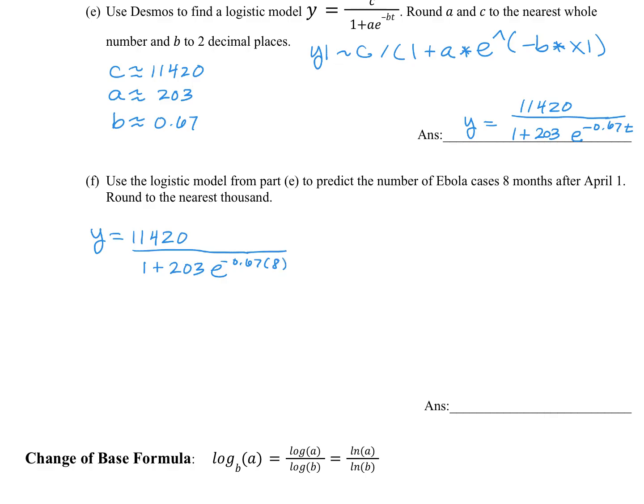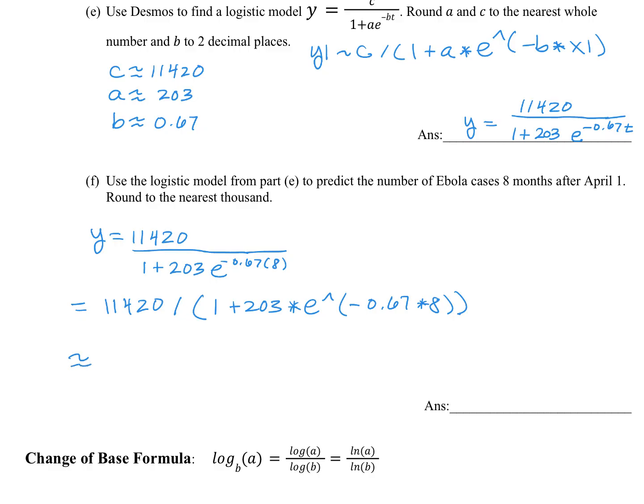When you put that into your calculator, that's going to be 11,420 divided by parentheses 1 plus 203 times e to the power, start a parenthesis, negative 0.67 times 8. Close up the exponent on the e, and then close up your division.